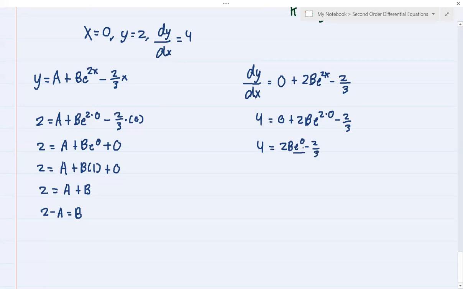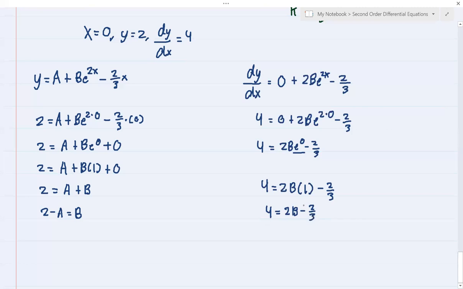So remember, anything raised to 0 is equal to 1. So we will have 4 is equal to 2b times 1 minus 2/3. Okay, so we will have 4 is equal to 2b minus 2/3.